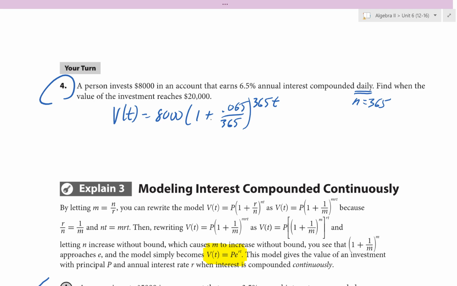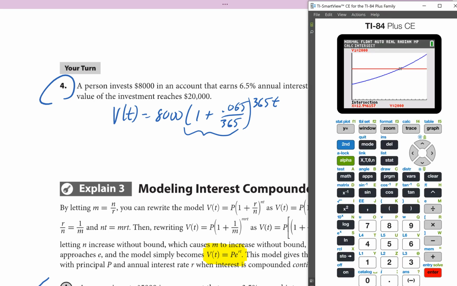So if you type this part into your calculator to try to get a simpler expression, 1 plus 0.065 divided by 365, here, I'll actually show it up here. So if you have 1 plus 0.065 divided by 365, it gives you that decimal.